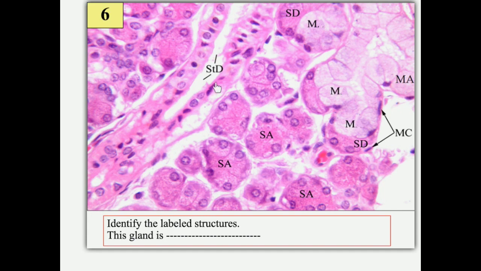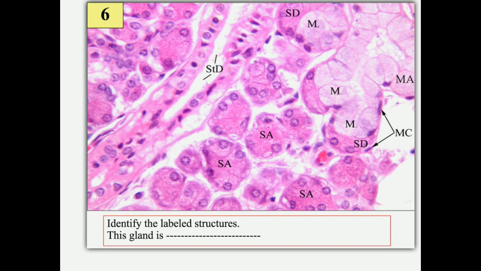This is the striated duct inside the lobule but cut in a longitudinal section. And this is a mucoserous acinus. And this is a mucus acinus. And this is MC, the myoepithelial cells. Here we have a myoepithelial cell for squeezing of the gland.